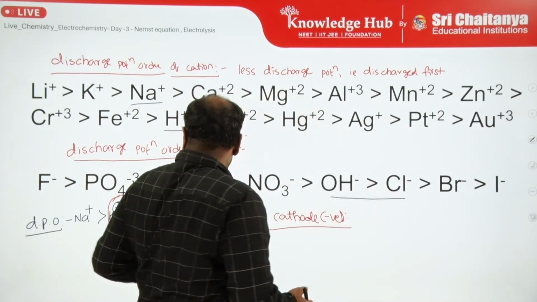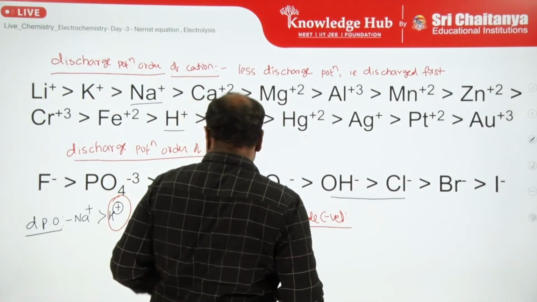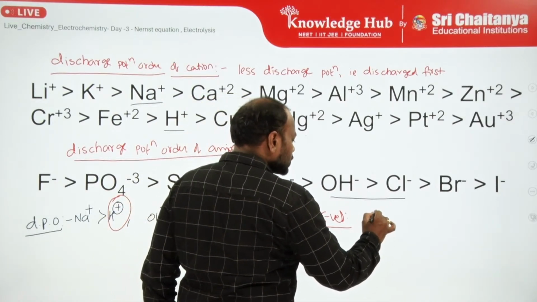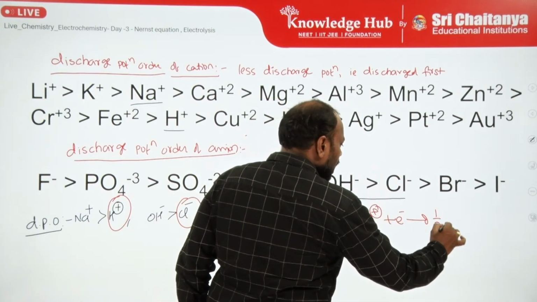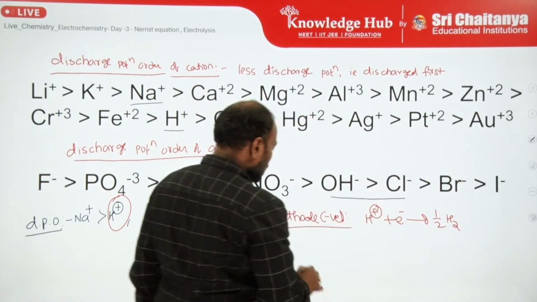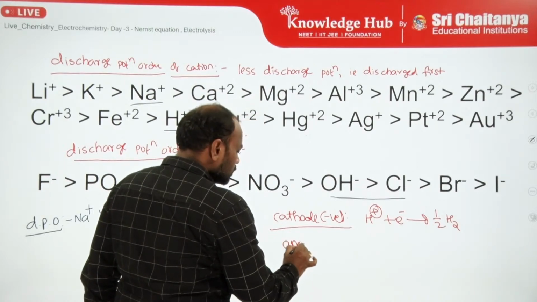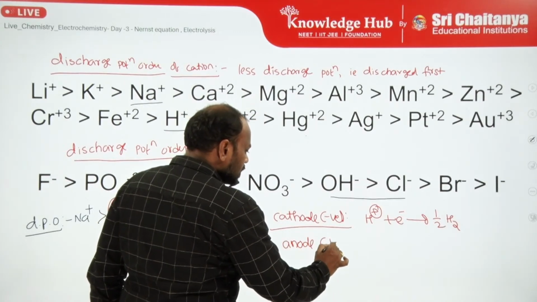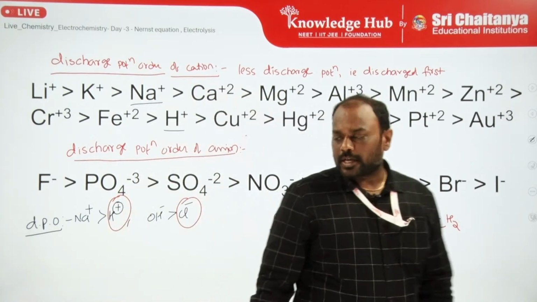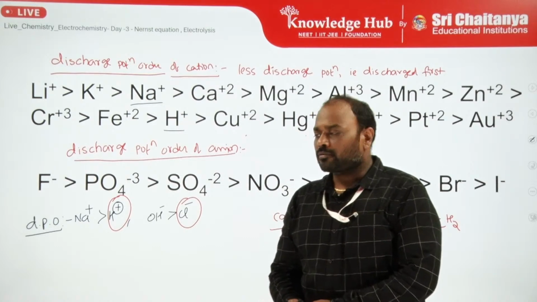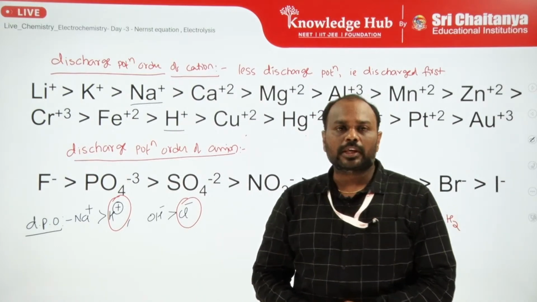So which ion is discharged at the cathode? The H⁺ ion is discharged by gaining an electron, producing half H₂. At the anode, which is positively charged, which ions migrate? Of the two anions, the low discharge potential is for chloride.